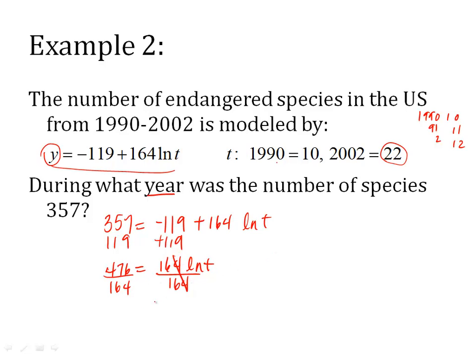That's gone. I get 476 over 164, some decimal. But now I have to get rid of the natural log of t. Now, to get rid of the natural log, if you recall, what we need to do is make e the base, so that will cancel out. So e is my base. I'm going to raise this to the exponent, and all of this is now an exponent to e.